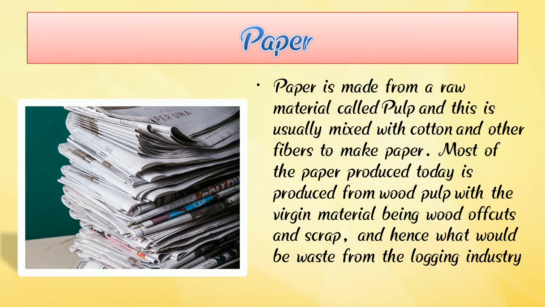Paper is made from a raw material called pulp, usually mixed with cotton and other fibers. Most of the paper produced today is produced from wood pulp, with the virgin material being wood cuts and scraps, hence what would be waste from the logging industry.